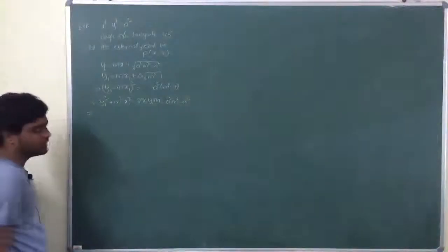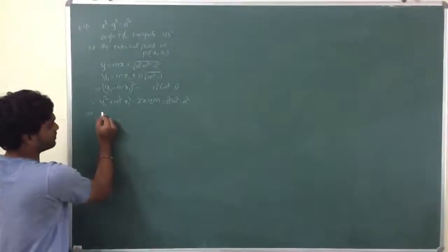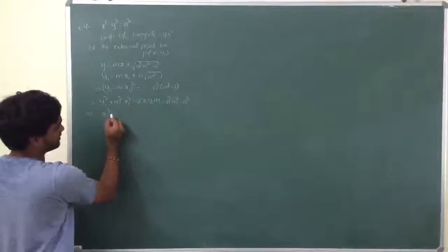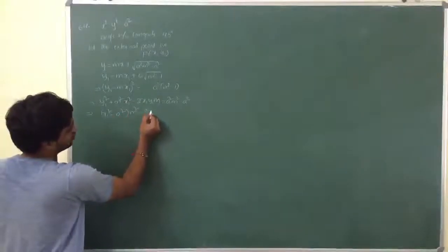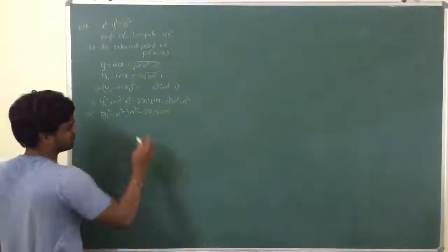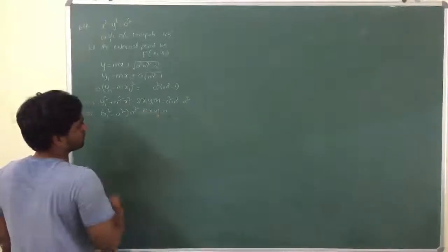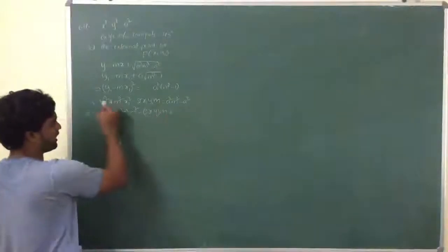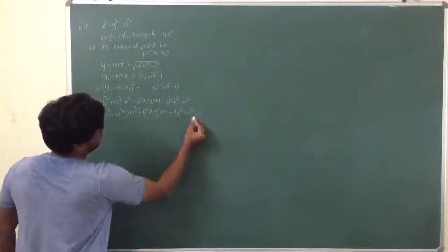Form a quadratic: (x1 square minus a square) m square minus 2x1 y1 m plus (y1 square plus a square) is equal to 0.